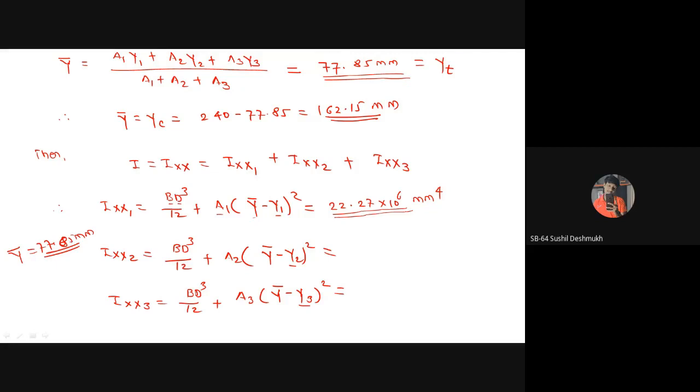Yes, 19.51 into 10 raised to 6 mm raised to 4. Yes, check your answers, others. This is the Ixx2 value.